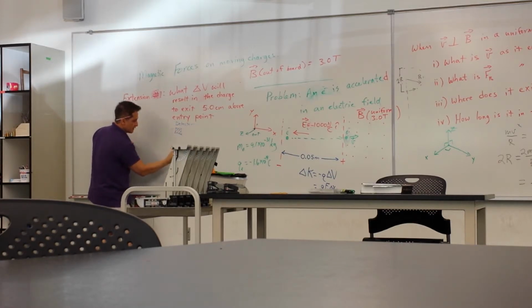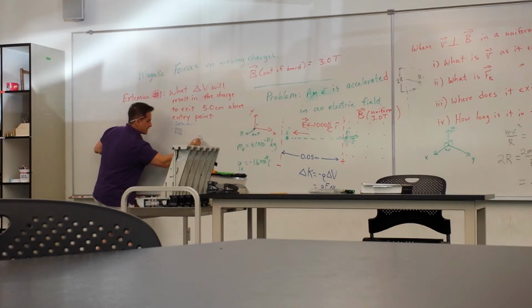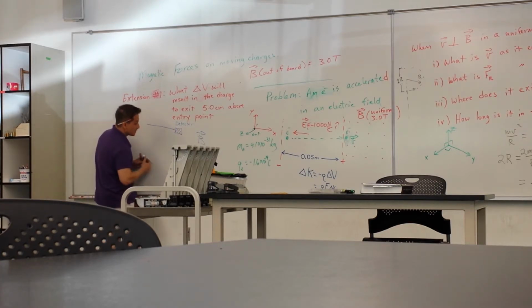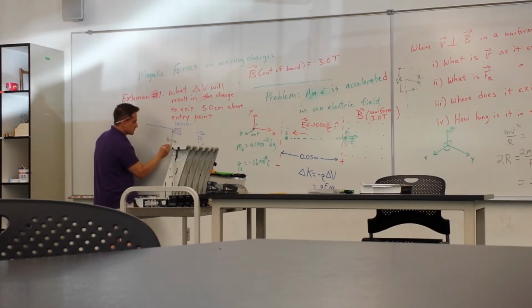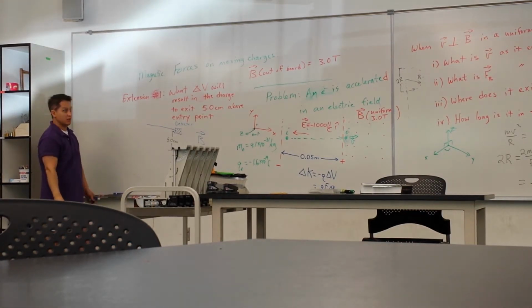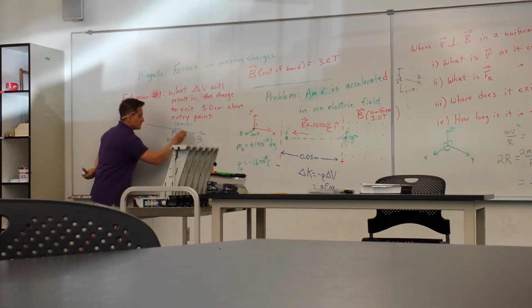So there's the entrance, here's your magnetic field, and over here is a detector. And the distance above is 5 centimeters. So what type of a delta V do you need to get this electron to come out there?